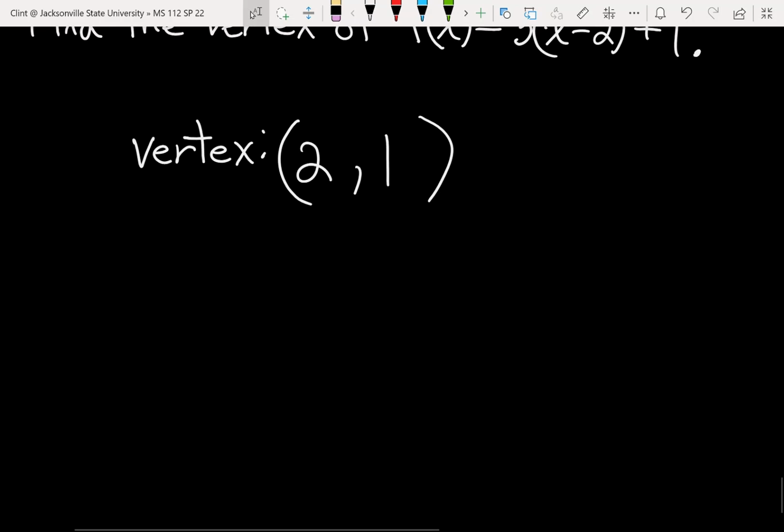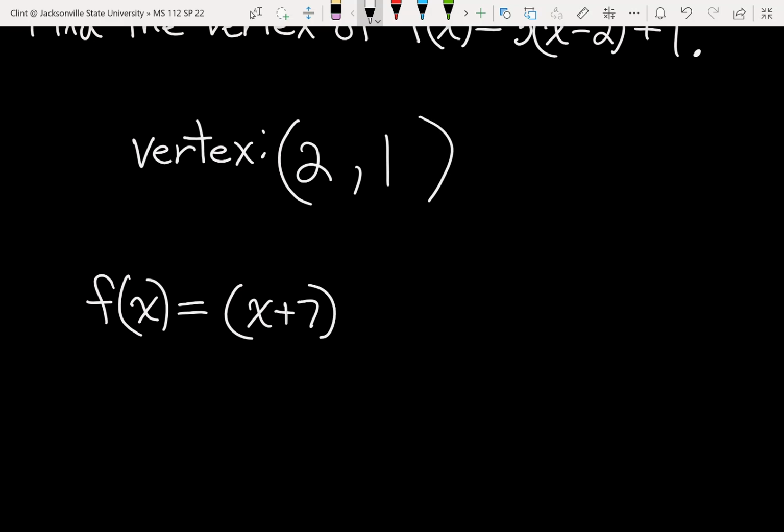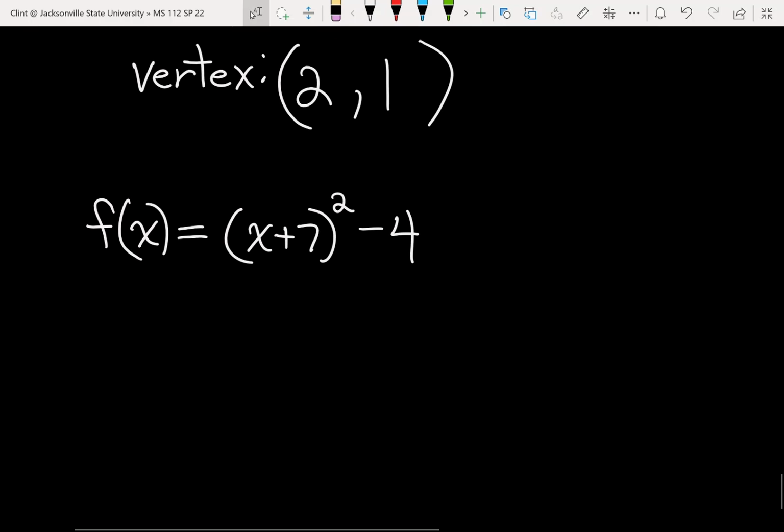If you have one like this, where's our vertex going to be? We're supposed to be subtracting, so we'll have to do minus a negative 7.